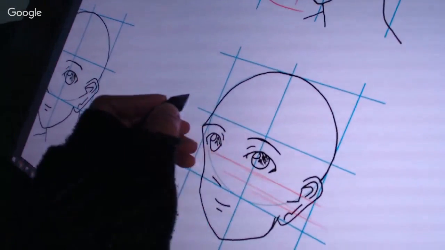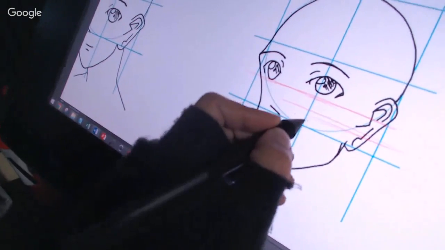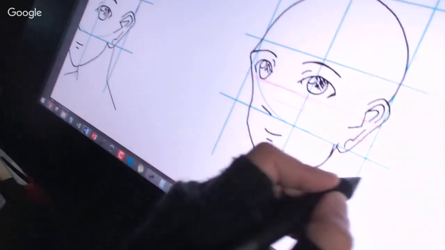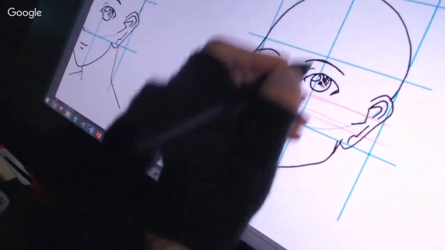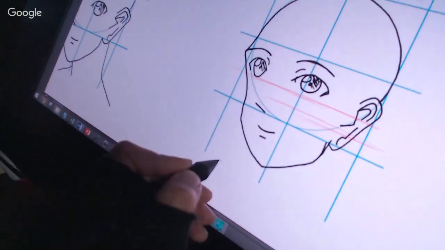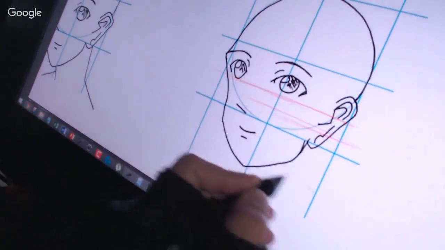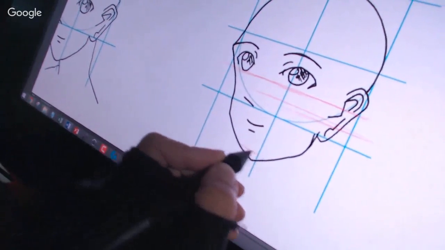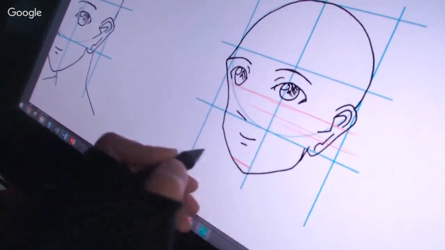So this is the other half. In the lower part, I know that I have to go one, two. Well, actually, I have to take this same distance and then divide it by two and then go like 2/3 of a quarter. So it should be like here, right? You have to do these motions.